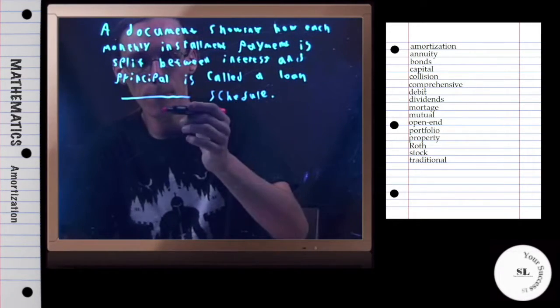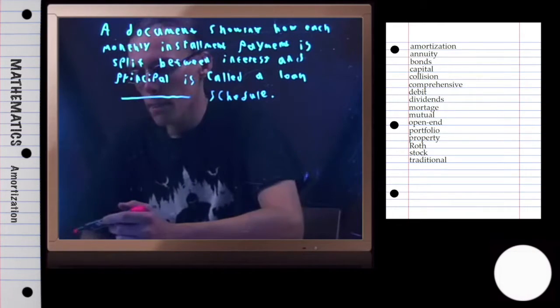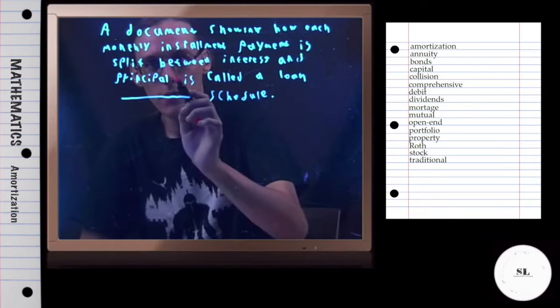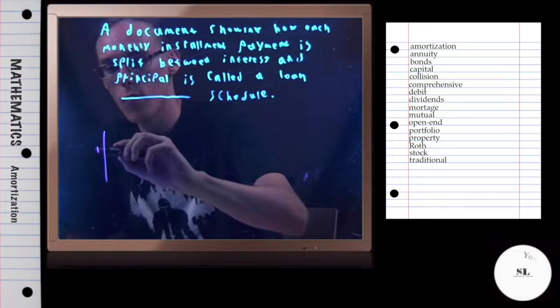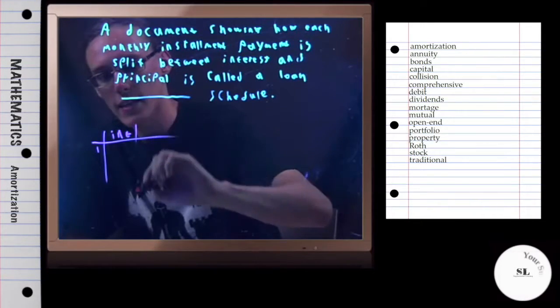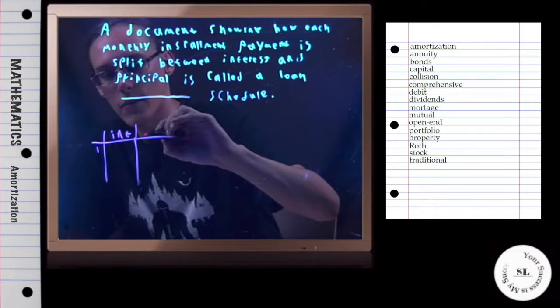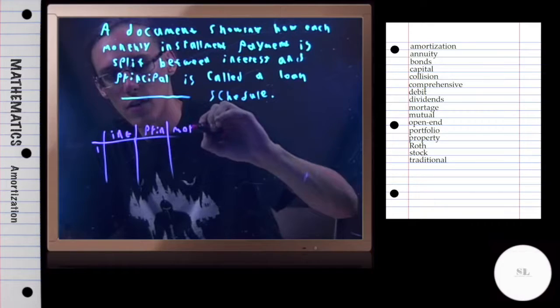And so if we look through the word bank, this one can be a little tricky, but the way these documents look is that you literally have payment 1, and then you've got the amount of interest that's accrued by that time, and then how much of that was left over to actually go towards the principal, and then how much of your mortgage is left over then.